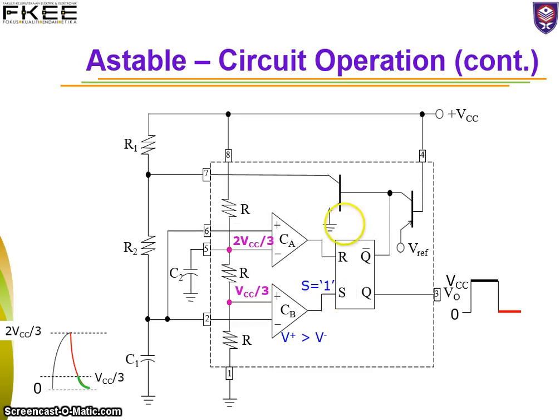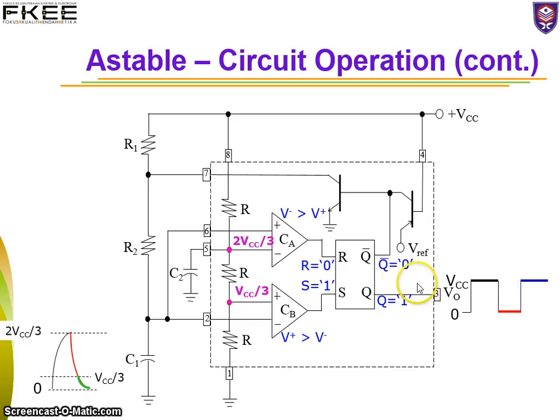For the upper comparator, we are comparing with 2/3 of VCC, and at this moment the voltage over here is less than 2/3 of VCC, meaning that V minus is greater than V plus. Reset will receive 0, set 1. Your Q initially is 0, now it will be 1 again.